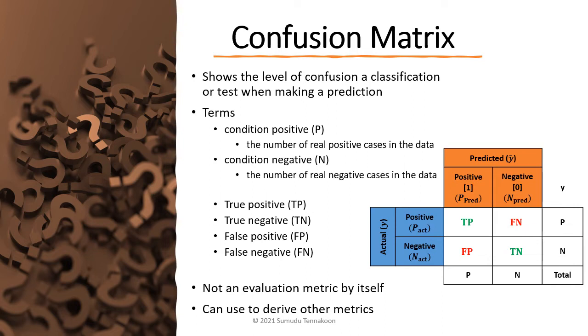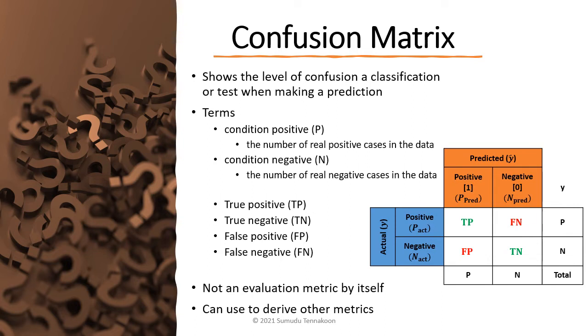So there are a few terms you want to identify. Condition positive, which we call P, means that's how your model will tell it's a positive case. It may not be an actual positive, but your model will tell, okay, this row belongs to a positive case. And condition negative, your model can say, okay, this is negative, right?